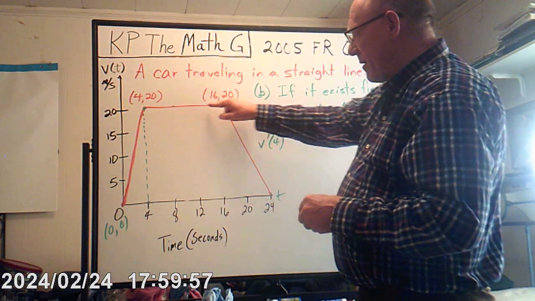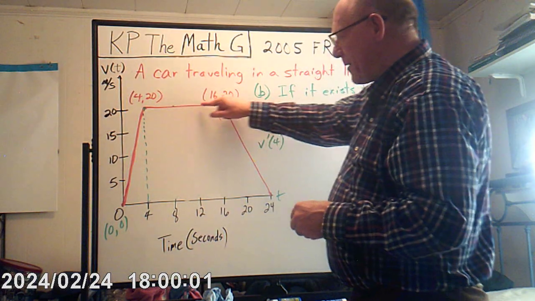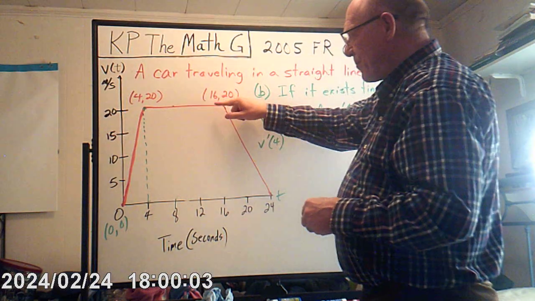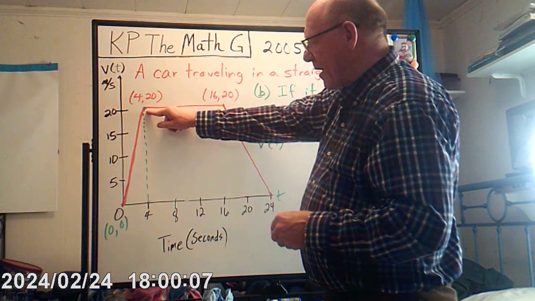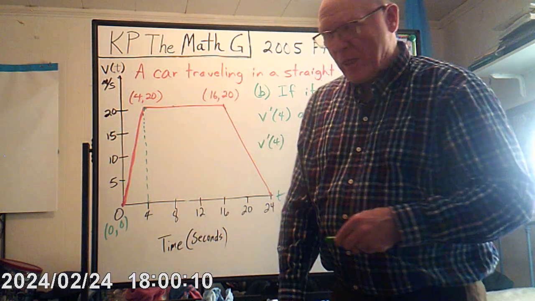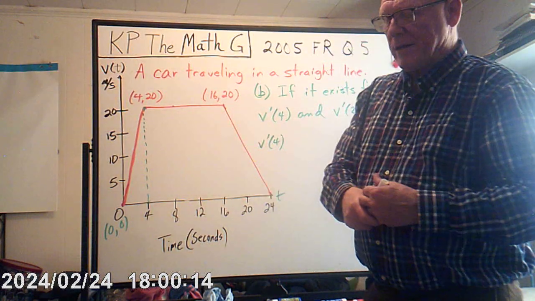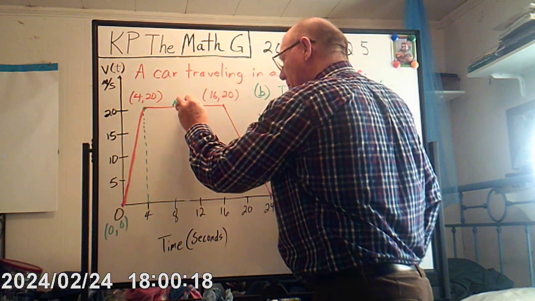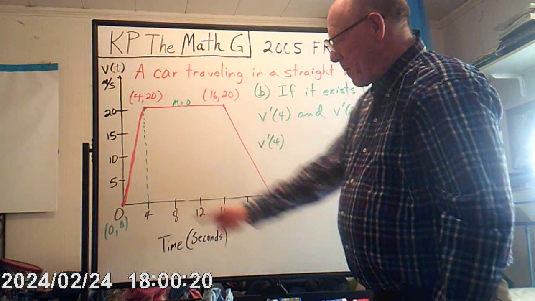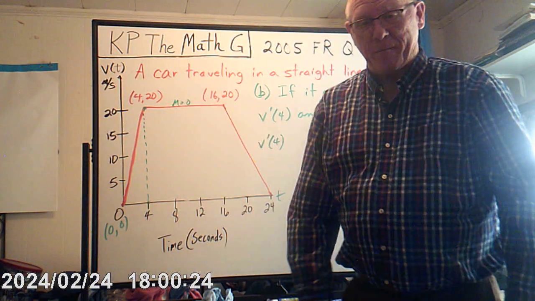What's this slope here? This is another line that it joins to right here from the right side. It joins to this point here, 4, 20. And this slope here is 0, isn't it? So we know that from the right, the slope is 0. This slope is certainly not equal to 0.